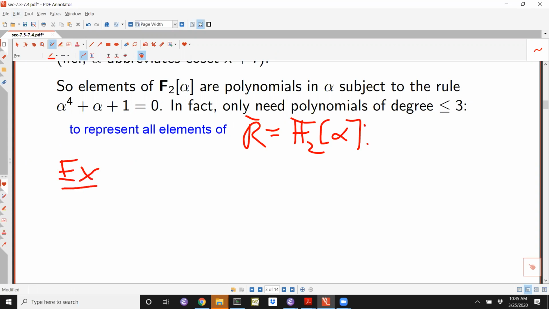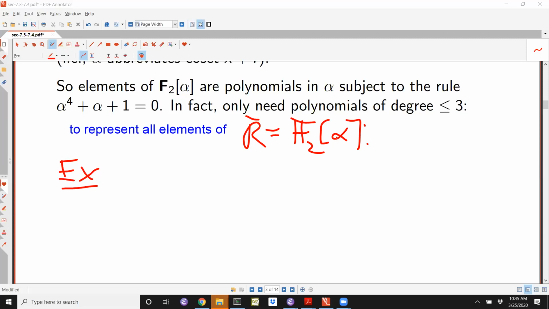Can everybody type in the chat a random number between 1 and 7? 5, 6, 7, 3.